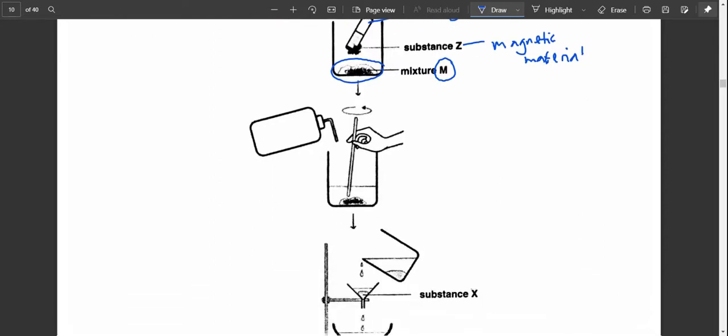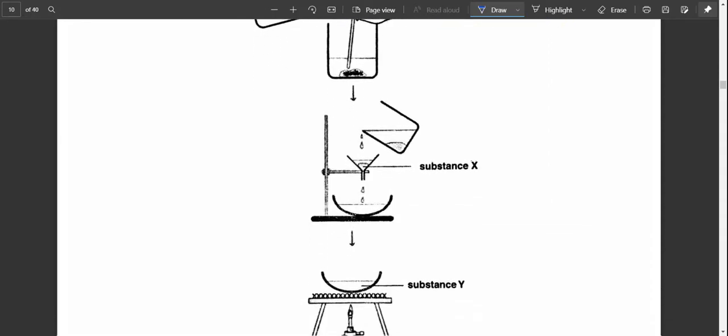And second one, you add water into the mixture M that is left behind, and then you pour it into a filter funnel with a filter paper, and then you can see substance X is there, which means that substance X that got trapped in the filter paper is insoluble.